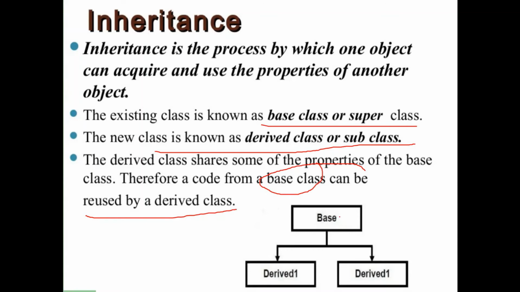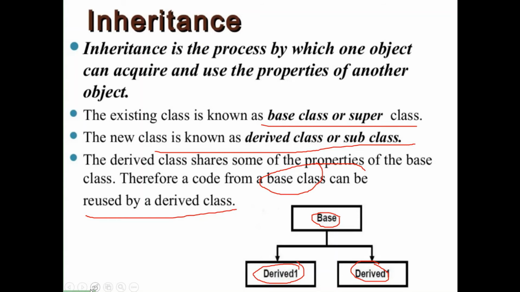Here you can see this is the base class. This is the class which is being inherited, right? And derived 1 and derived 2 are two new classes which are derived from this base class. The base class is also known as the parent class or superclass. The derived class is also known as the subclass as well as the child class.